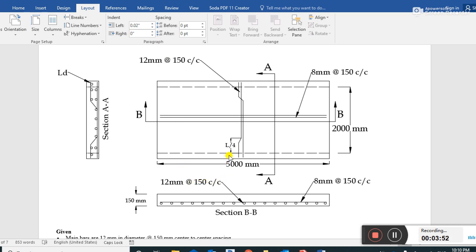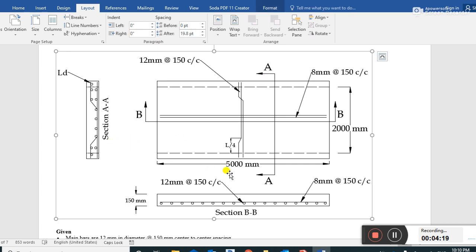Guys, this is L by 4. This is bent up at 135 degree. This is L by 4, the formula L by 4. You can see this is section AA. If we cut the slab from this direction, we can see this view. What it looks like in section AA: if we cut from this direction, something like this will appear.